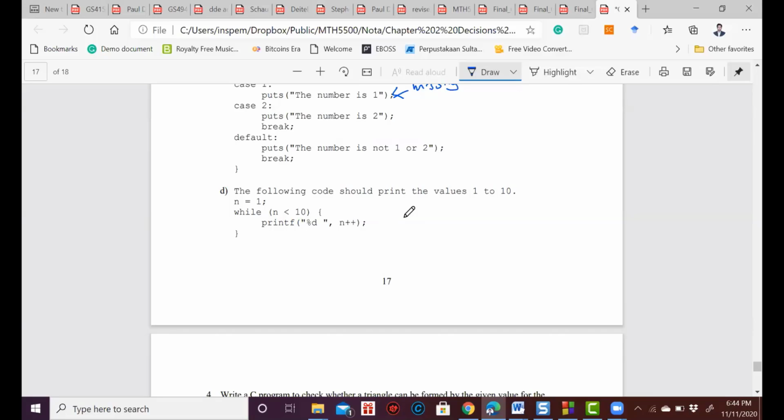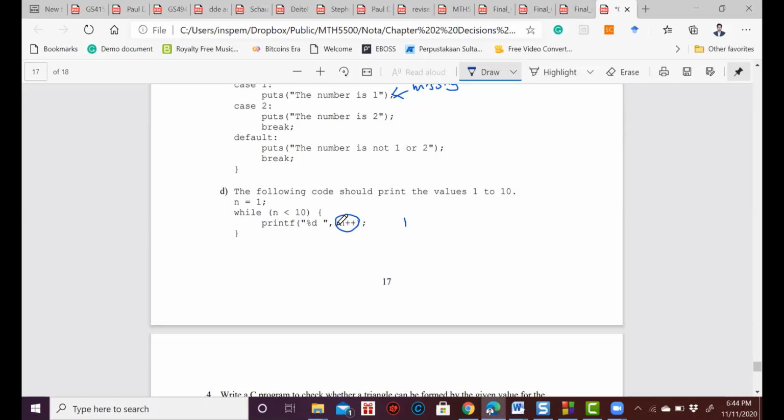1. Because plus plus is postfix, so n plus plus remains the same, 1. But n will be increased by 1. n becomes 2, and then repeat again. 2 less than 10, yes.